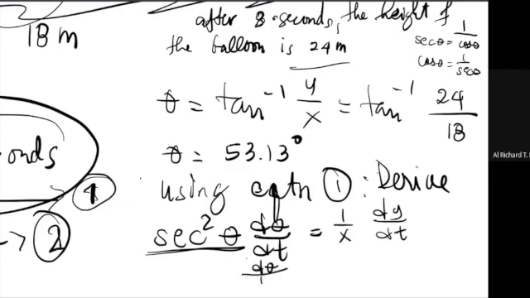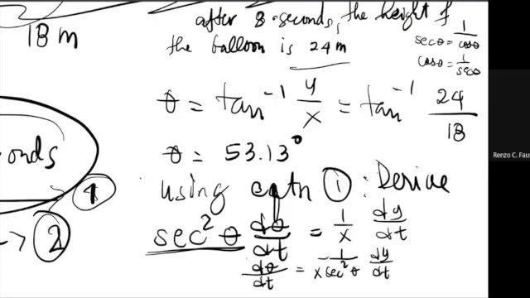Transposing secant squared theta, d theta dt becomes 1 over secant squared theta times x, times dy/dt. Correct?